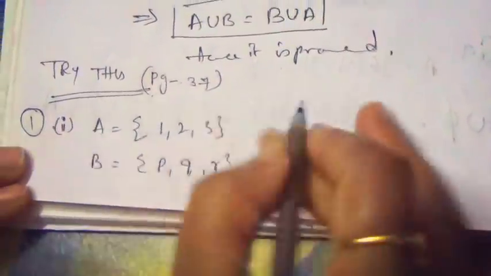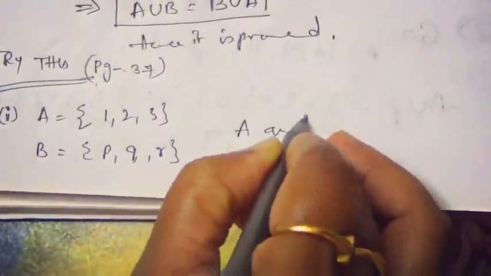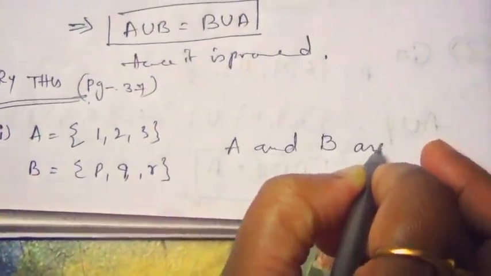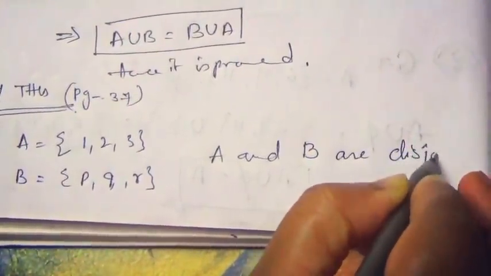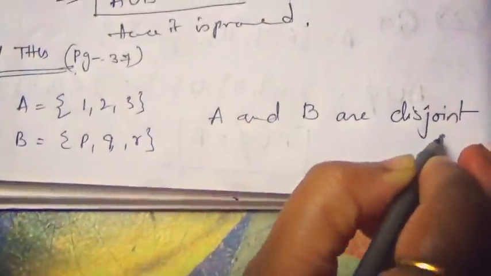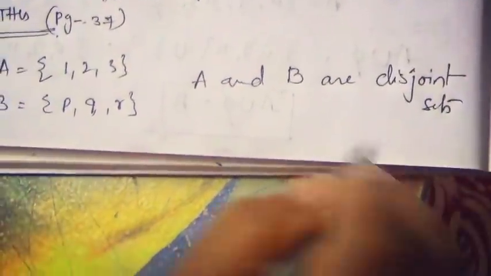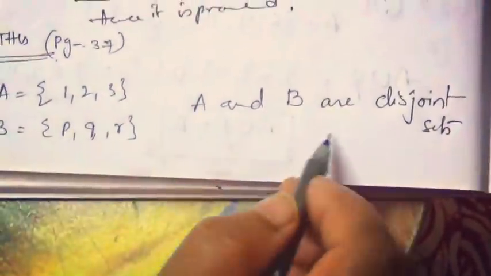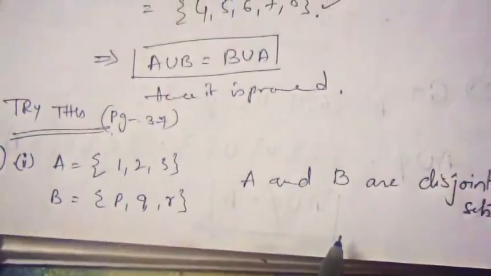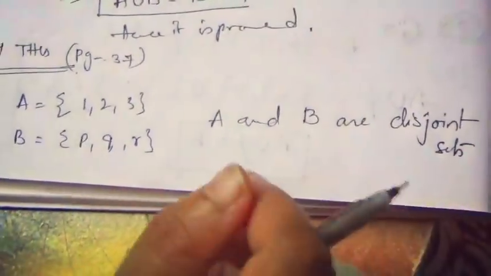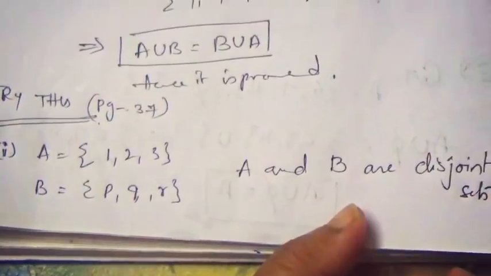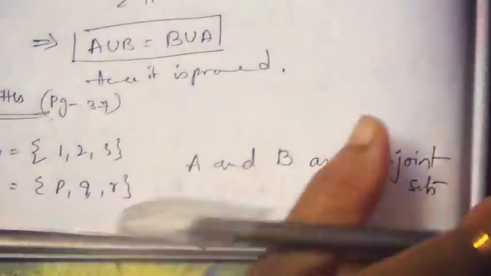No. Hence, A and B are disjoint sets. Why? Because no element is the same in both of these sets. Just like that, you may give more examples on this sum.